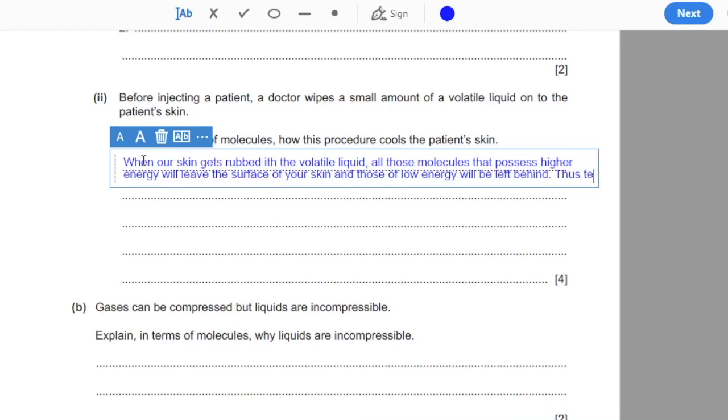Thus, temperature decreases since they possess low energy, and that's how thermal energy is lost by your skin.